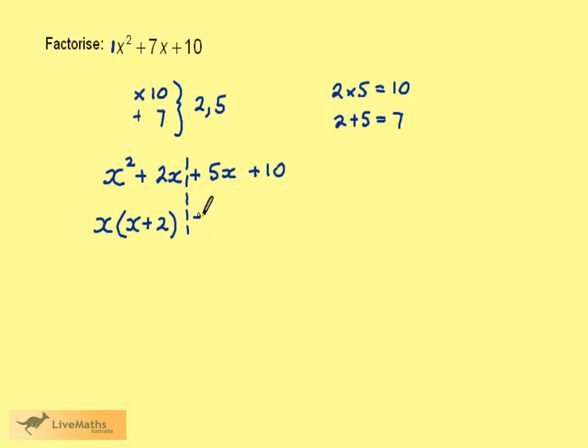On the right-hand side, we have a common factor of plus 5. We then open a bracket, and we get x plus 2. Note how we have x plus 2 in both places. This will always happen if you've done it correctly.